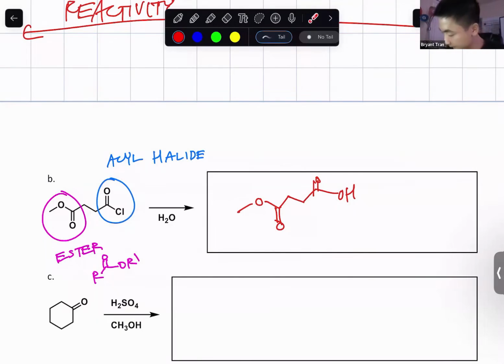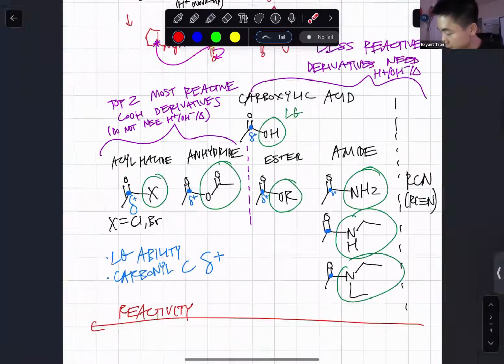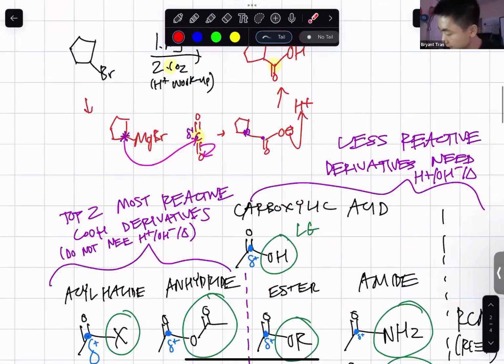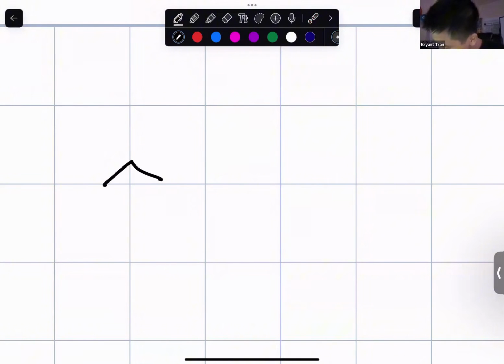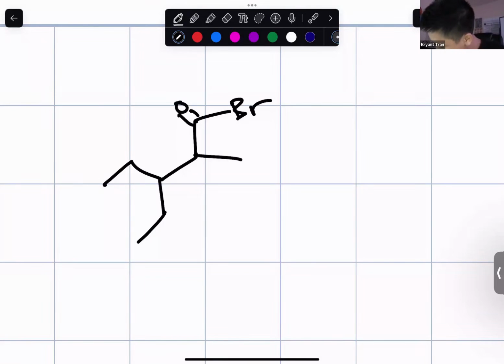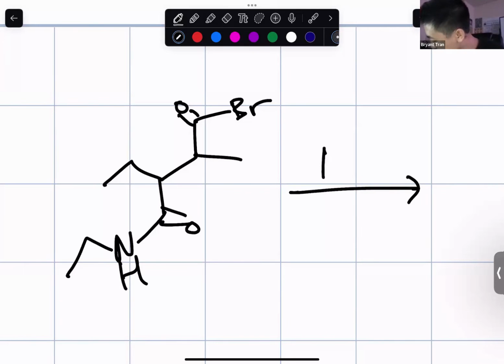Okay. Let me give you a similar one to practice with. So let's say we have something like this. And we react this with water.